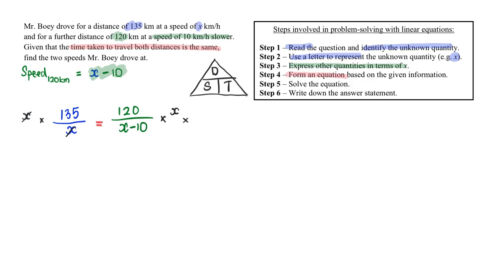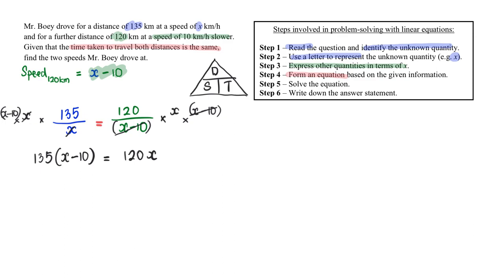You will also see Mr. Tan multiplying by x minus 10 on both sides, such that I can divide off the x minus 10 on the right hand side. And so I will get 135 times x minus 10 equals 120 times x.